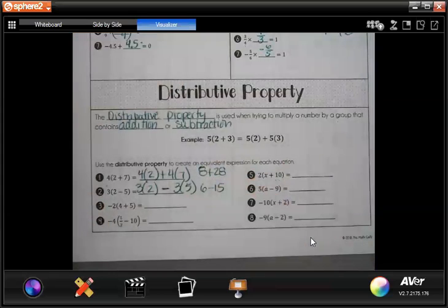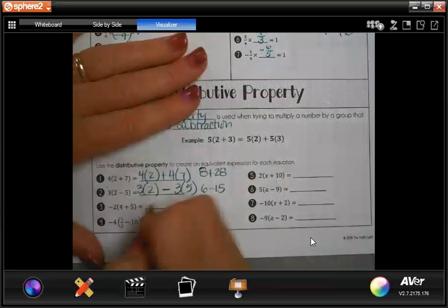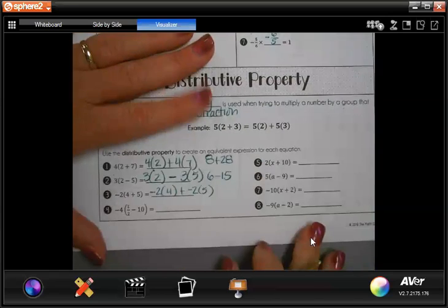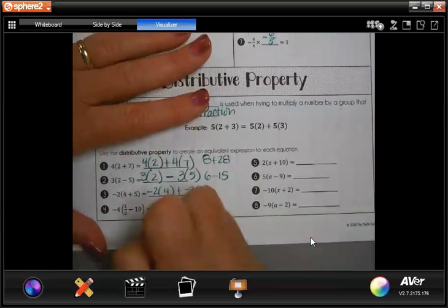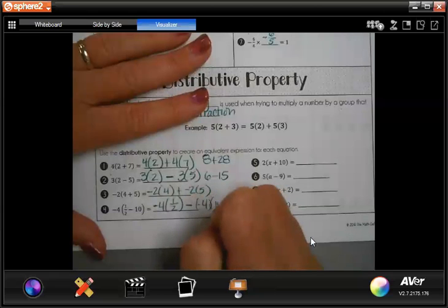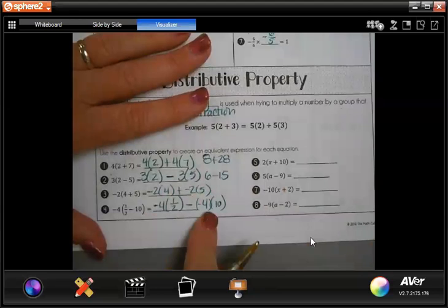I could. They're the same thing. This one would be negative 2 times 4 plus negative 2 times 5. This one would be negative 4 times 1/2 minus negative 4 times 10. And I could simplify that.